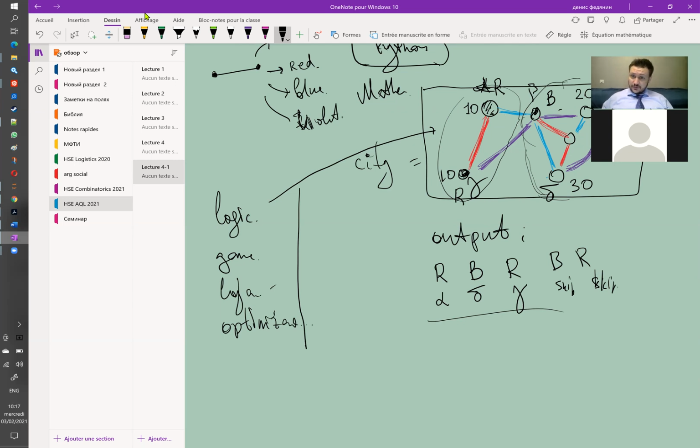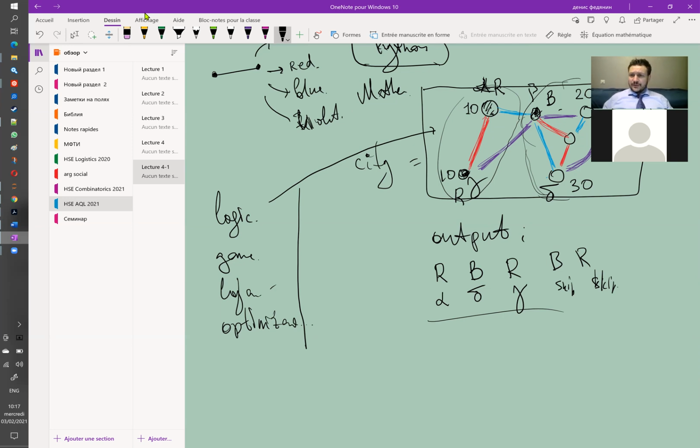From this spot they go to red. From this spot they go to blue, and from all these they will go to blue, because this shop is the closest to them. So the utility for red is not so great. So the blue player here has his advantage.